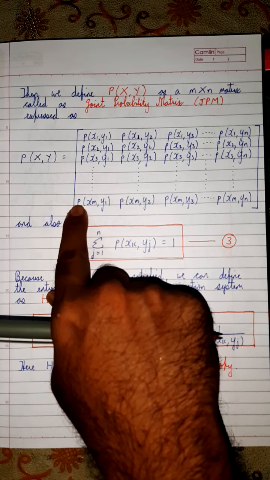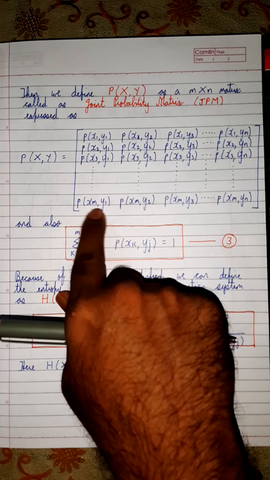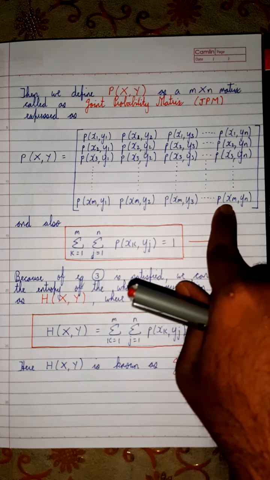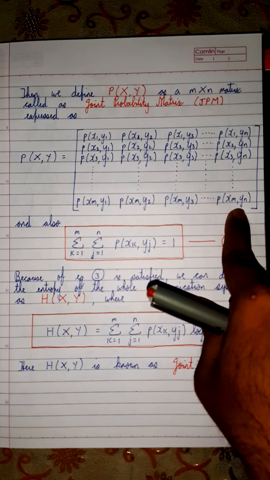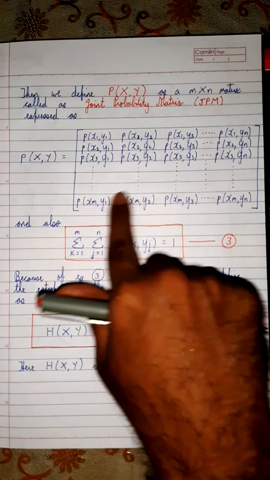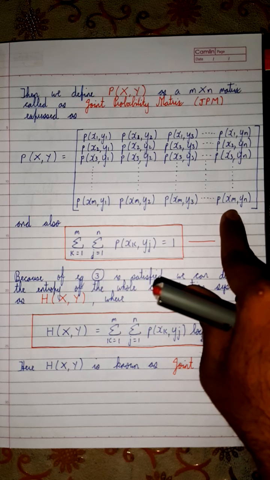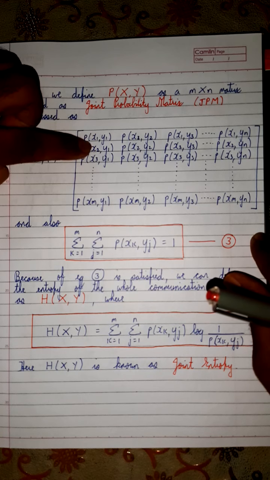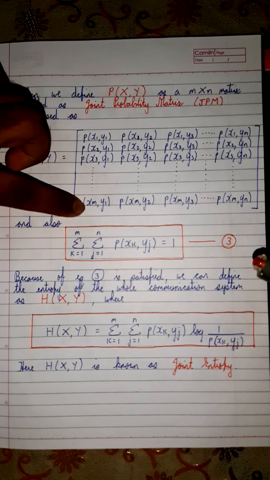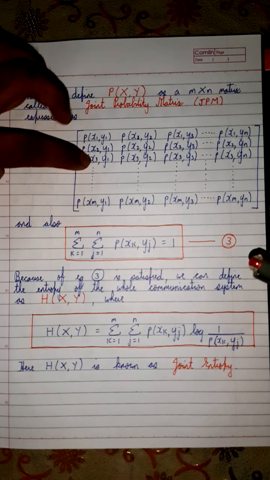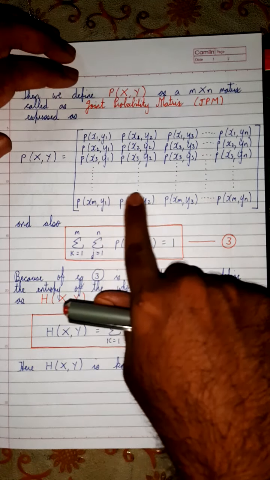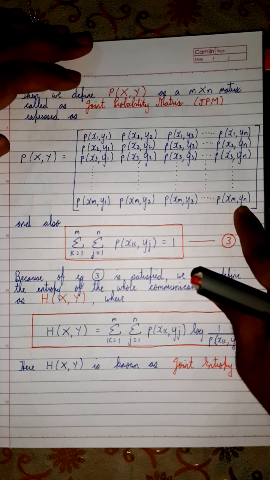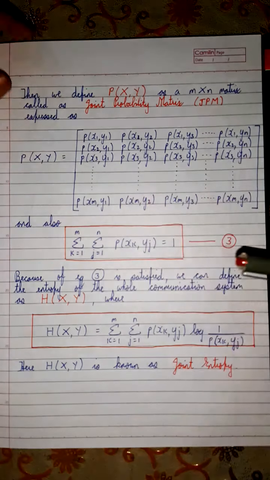So the last row will be P(xm,y1), P(xm,y2), P(xm,y3), up to P(xm,yn). So this matrix consists of a total of m rows and n columns. The number of rows varies due to the number of transmitted symbols, and the number of columns varies due to the number of received symbols n. So therefore there are m rows and n columns.